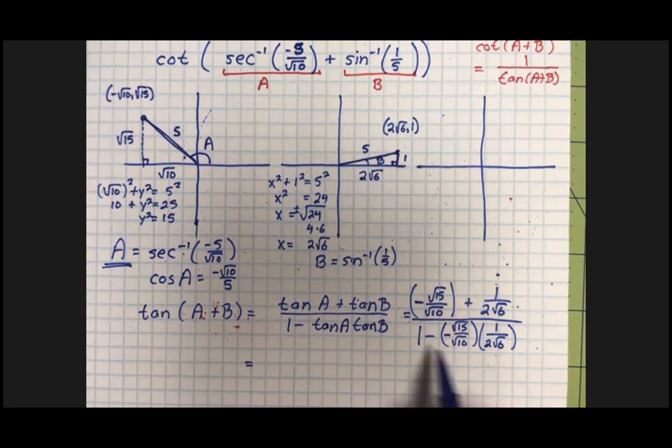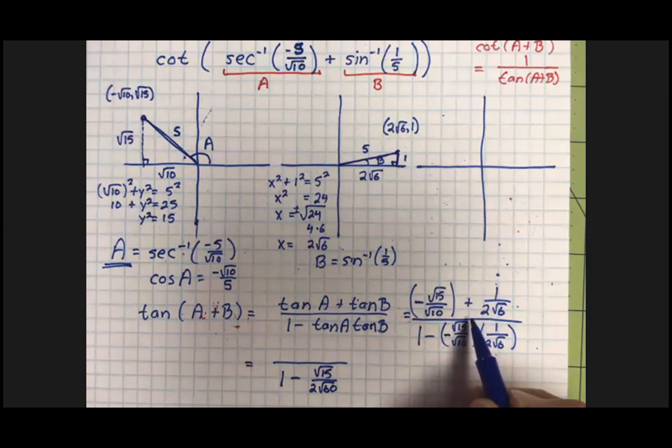Let's say, first, I'm just going to work my numbers together. 2√60 on the bottom. And on the top, if I got common denominators, I'd have to use 2√60 also. This is very awkward, isn't it?